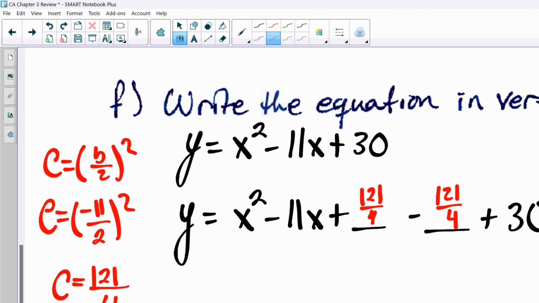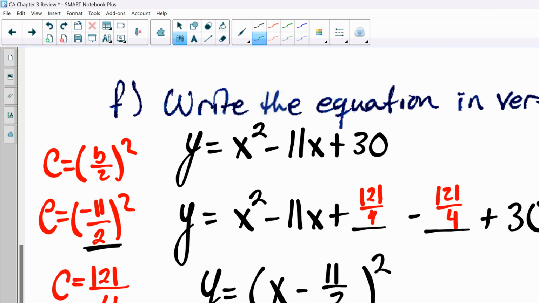So we have this here. Now inside the parentheses, we'll have x, and then whatever was inside the parentheses before we squared it with finding c, which was negative 11 halves. So inside the parentheses, we have x minus 11 halves squared.